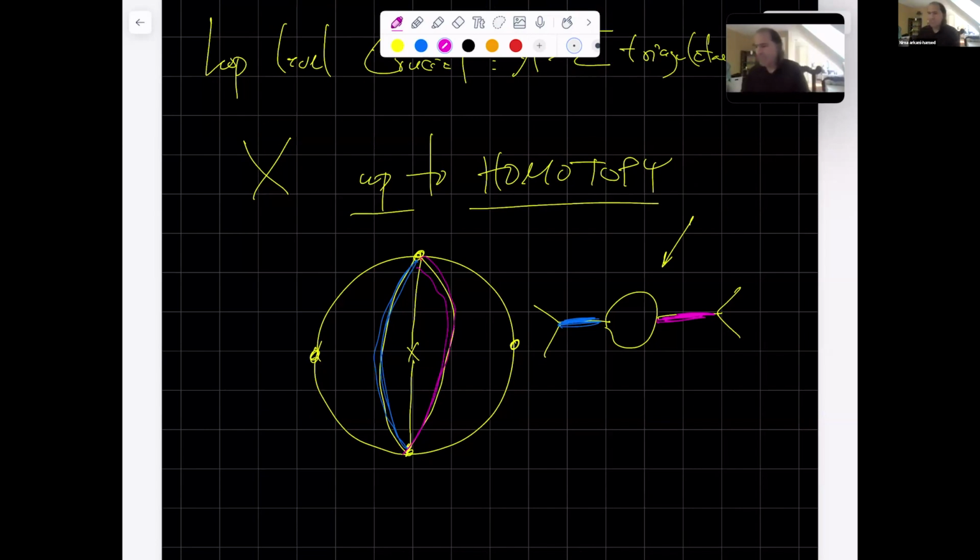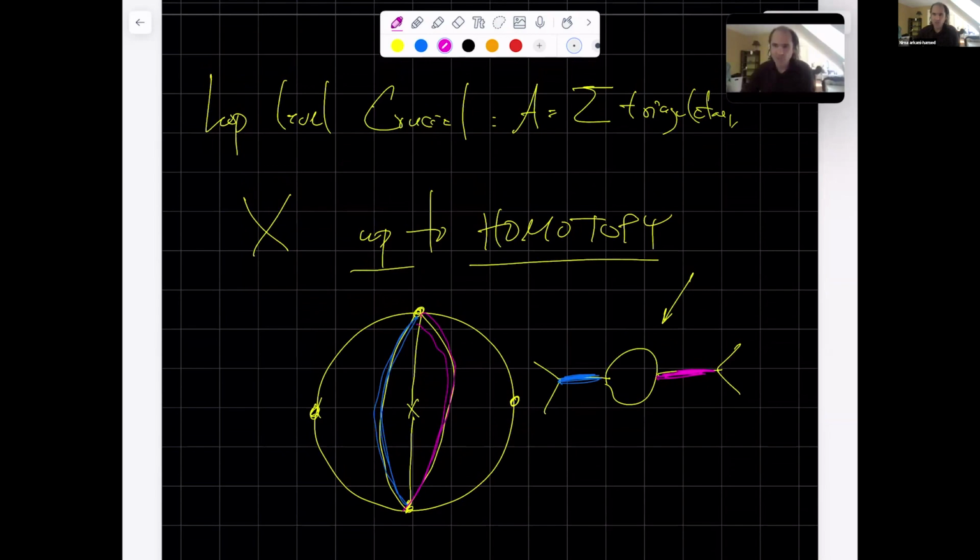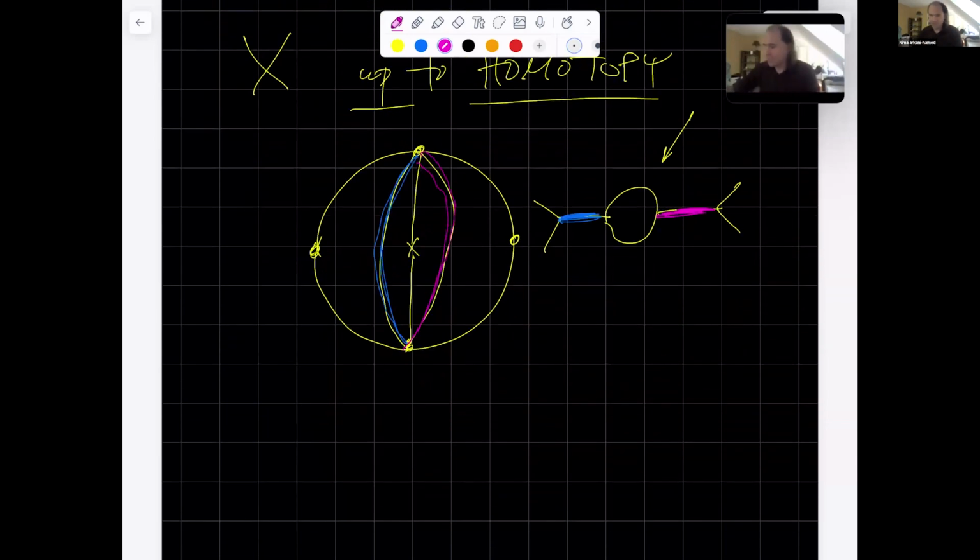So we're drawn into the surface world by realizing that the kinematics are associated with curves on surfaces, but Feynman diagrams are associated with triangulations of the surface, where you think about the curves up to homotopy and not homology.